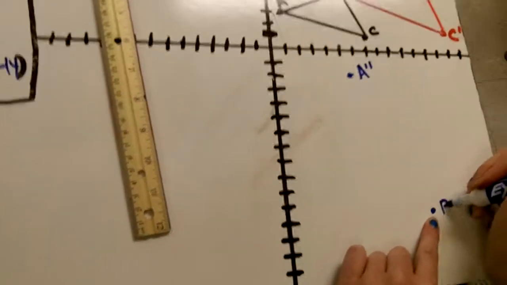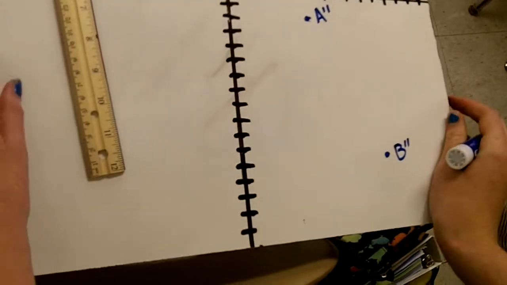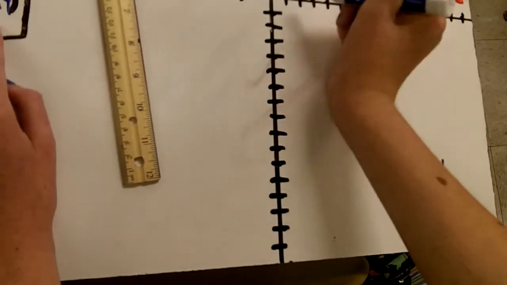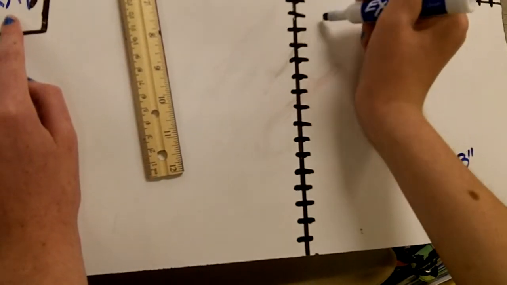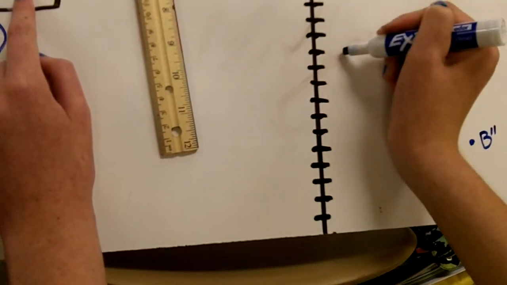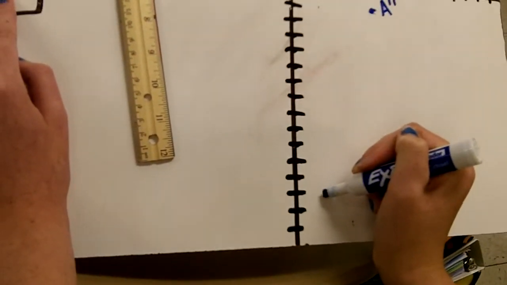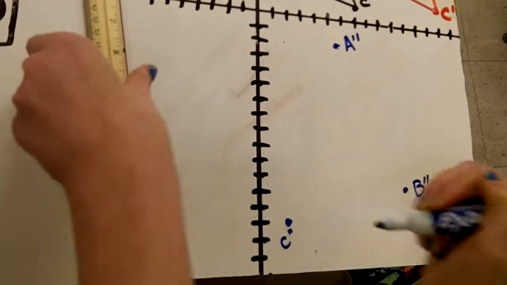There's going to be our B double prime. And C double prime is 2, negative 14. So we're going to go over 2 and then negative 14. And there's our C double prime.